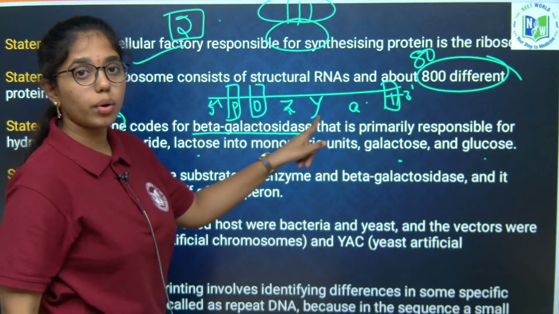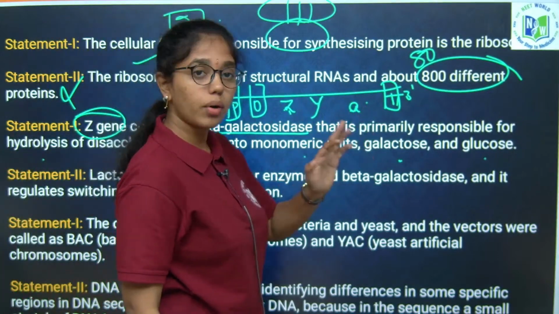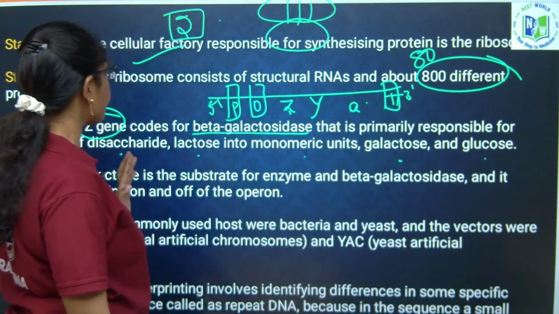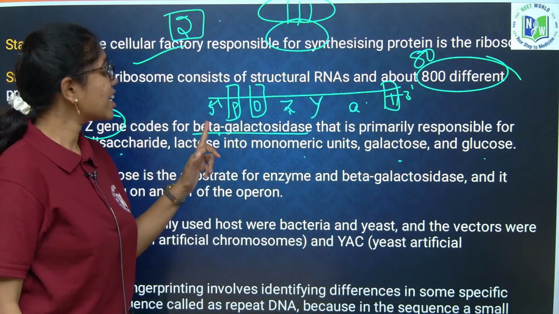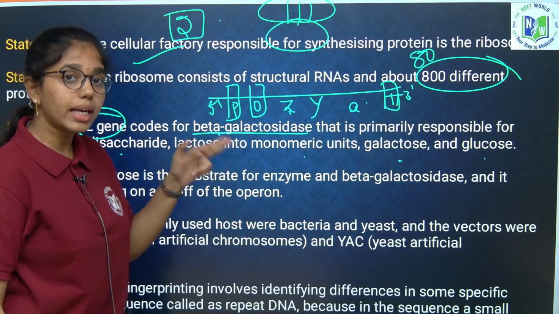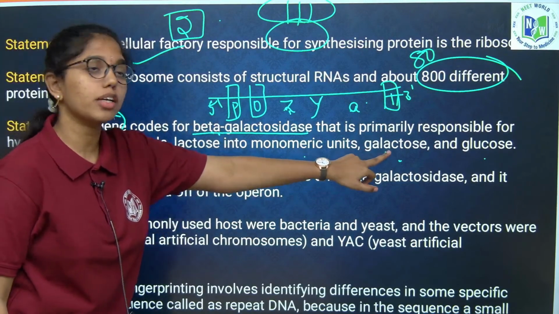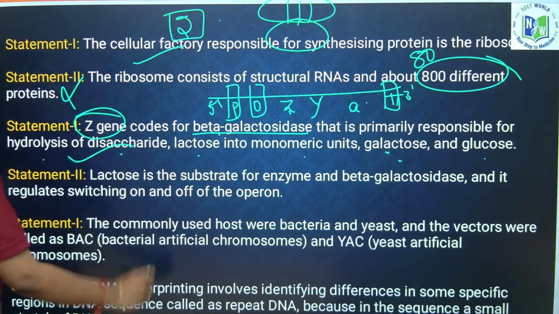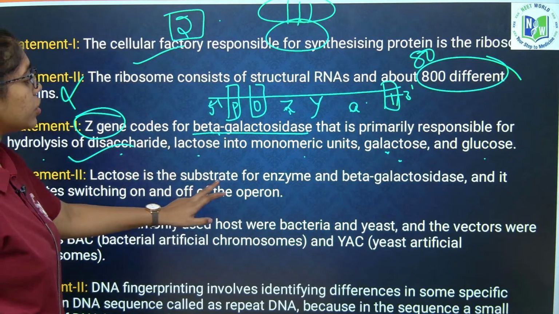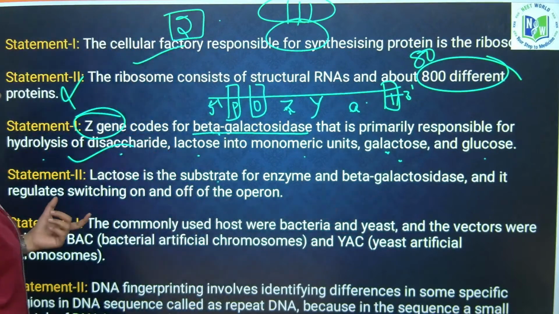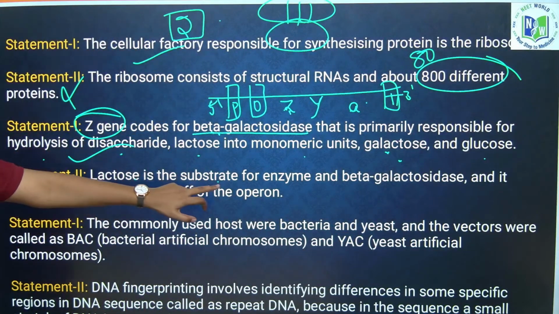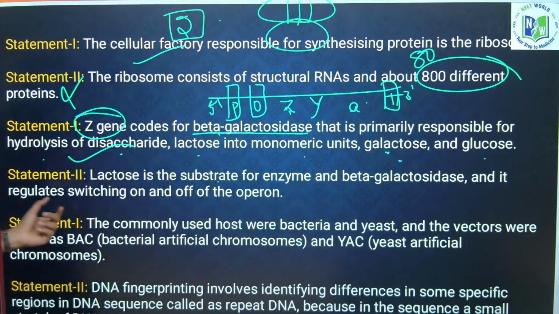Y is coding for permease. A is coding for transacetylase. Z, which is coding for beta galactosidase, its function is to cleave the disaccharide into galactose and glucose. Yes, statement 1 is true. Lactose is the substrate for the enzyme beta galactosidase, and it regulates switching on and off.